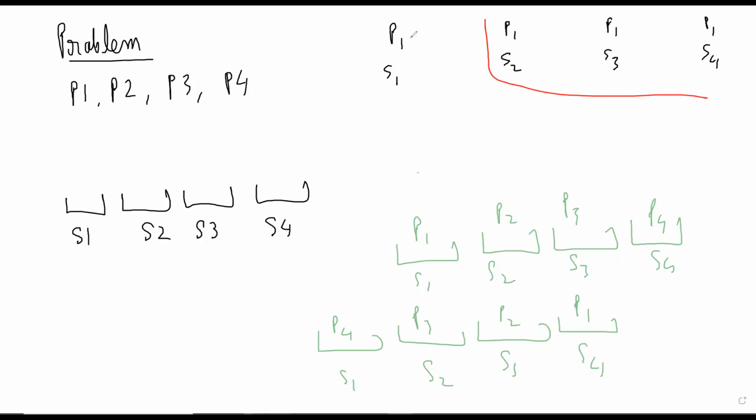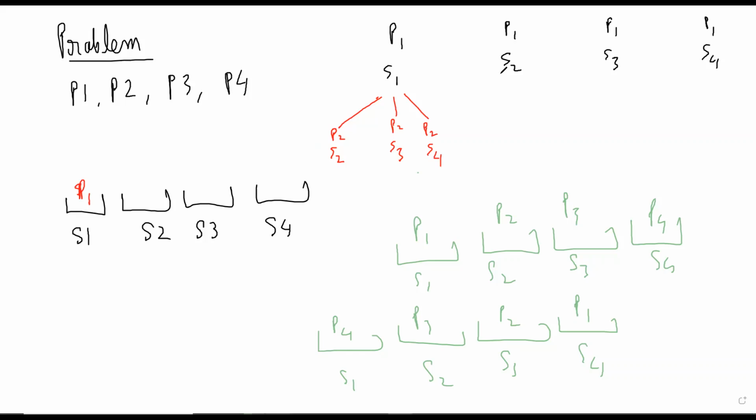Person 2 has how many choices? He can sit in seat 2, seat 3, or seat 4. Three different seats, three different choices, right?